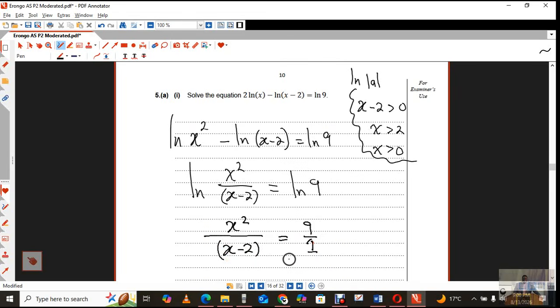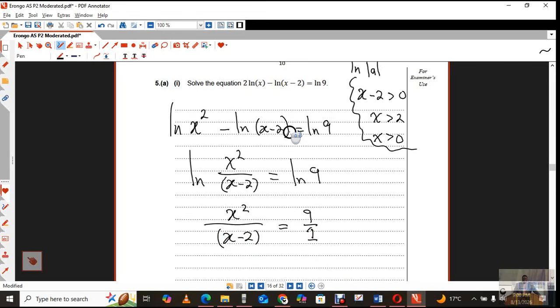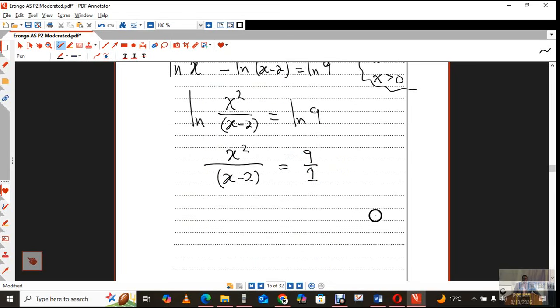You can cross multiply in order to find the quadratic, and the quadratic should factorize. So x squared is equal to 9 times x minus 2, which eventually gives you x squared minus 9x plus 18.